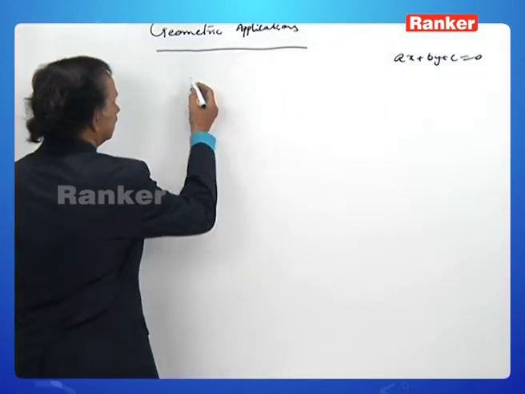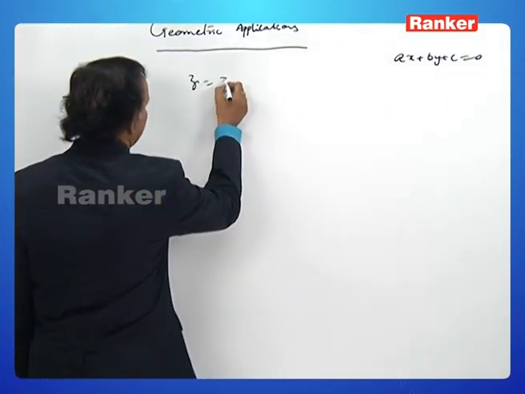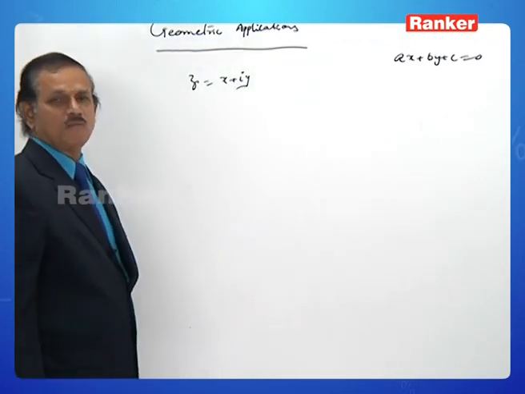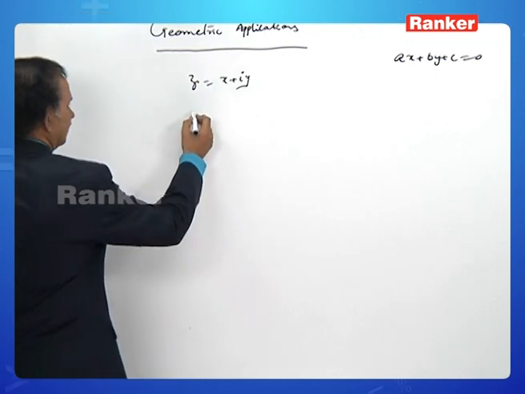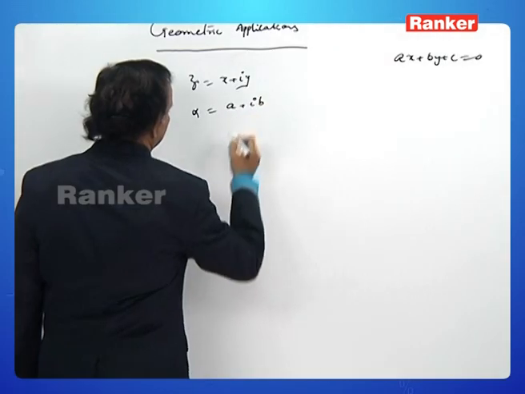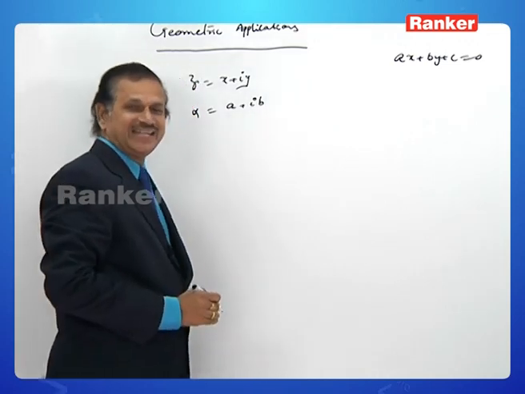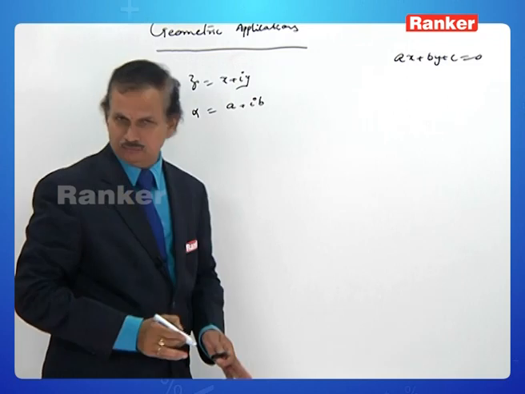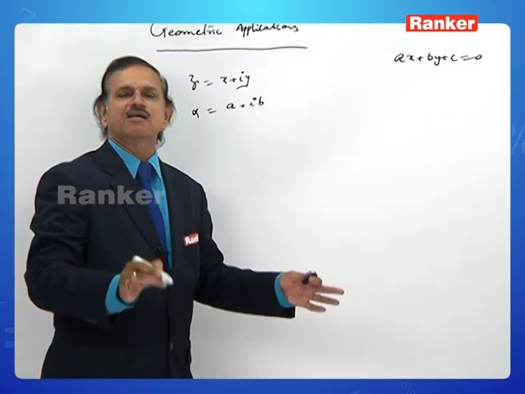Let z is equal to x plus iy, the most general complex number. Let alpha is equal to a plus ib, a non-real complex number. What I mean to say is b is not equal to 0.